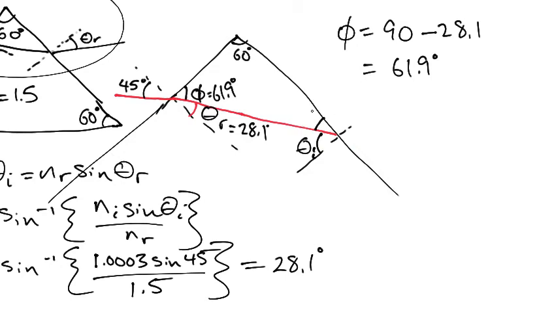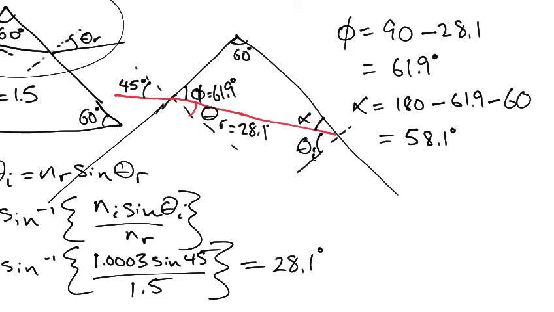We could call this angle, for example, alpha. And we'll say alpha is going to equal 180 minus 61.9 minus 60, because there's 60 and 61.9, and all three have to add up to 180. And so we're going to get an answer for alpha of 58.1.